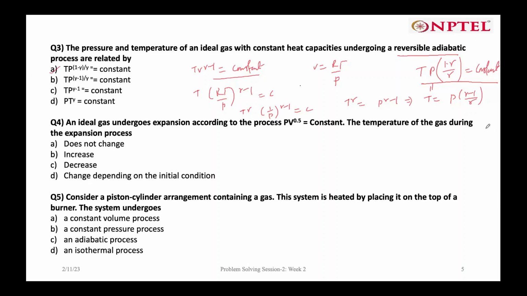All of you clear on this one? Here TV to the power gamma minus 1 is constant, which comes from the first law of thermodynamics. Then put the value of V as RT divided by P here. Then we choose the process to solve to make it a simple one.